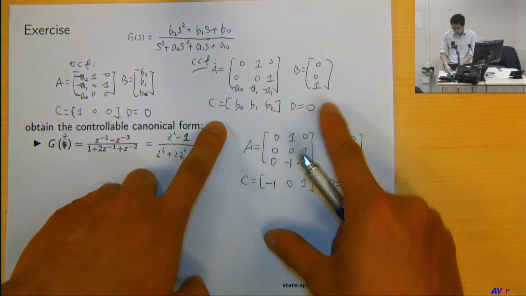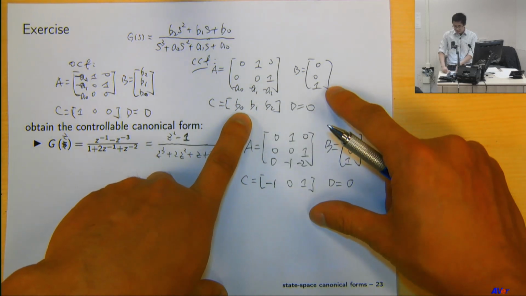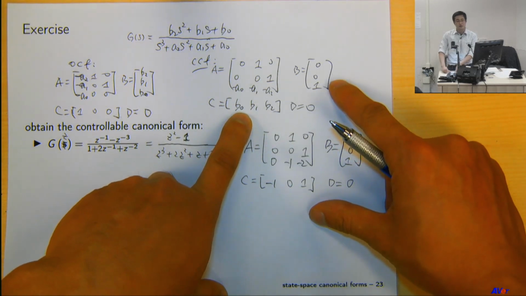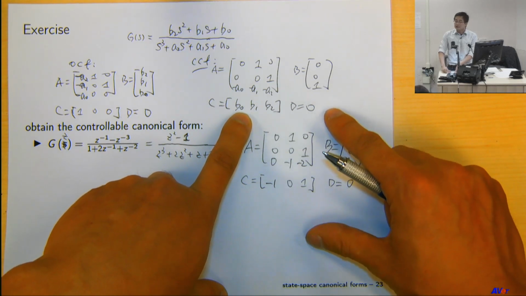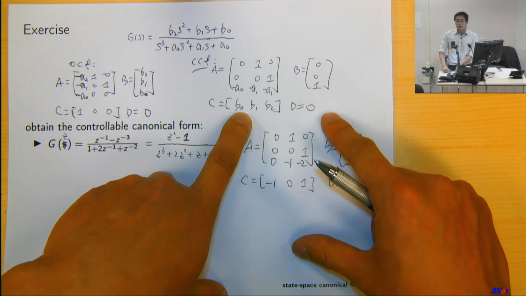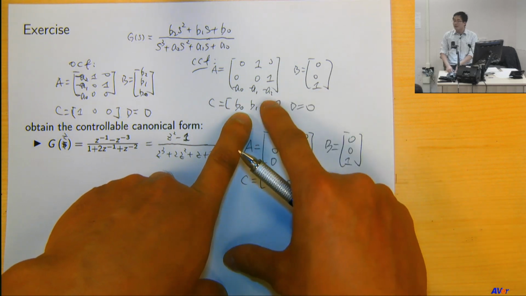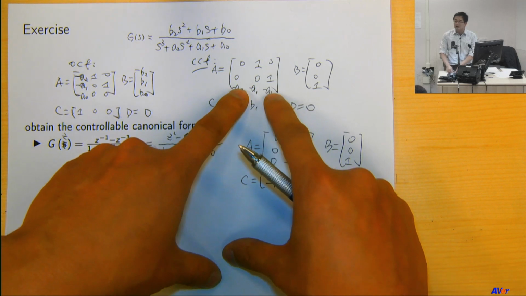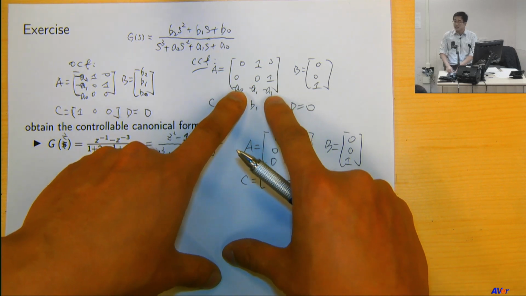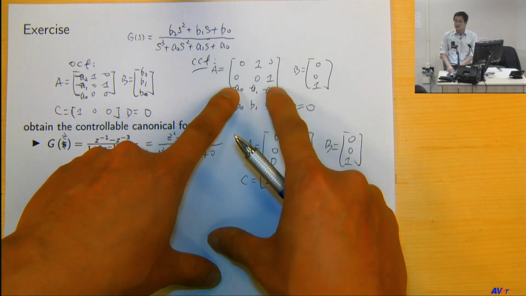Now, take a look at this one here. What are we observing from the structure? What does it mean for B to be 0, 0, 1? So my control action is acting on which state? X3, right? So my control action can directly act on one of my states immediately. So X3 is being directly accessed by my control input. Now, how does X2 depend on X3?